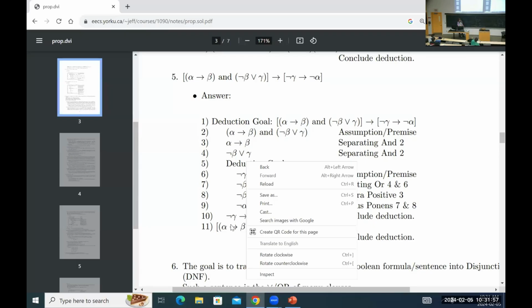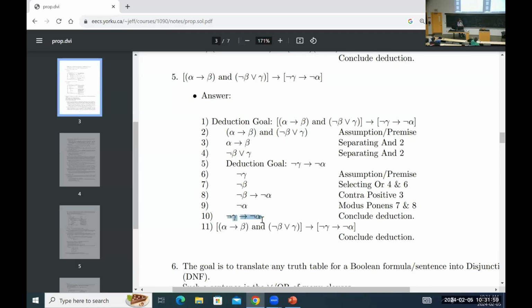Backwards, what I need to prove is an implies. How do I prove an implies? You look in the paper table under implies, and it says deduction. This is kind of your question: why do we do deductions?